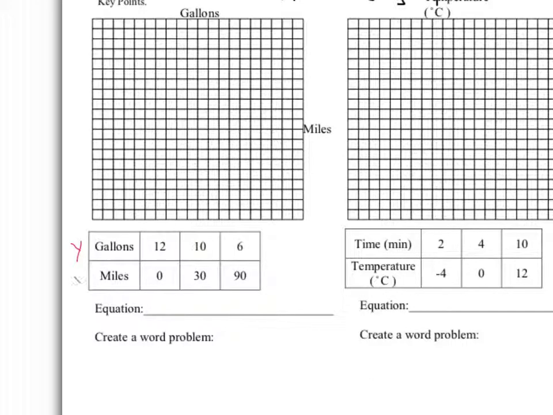Gallons is Y and miles is X. We need to make sure that we have that in our brain, because we're used to seeing the X first and the Y second. So this is a little bit strange, and we just need to be really careful about this.